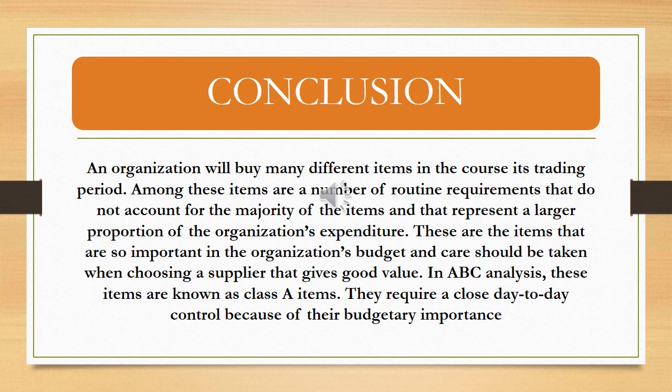In ABC analysis, these items are known as class A items, and they require a close day-to-day control because of their budgetary importance. So you can see, as an organization, we should concentrate on class A items, and that is when we are going to achieve success as an organization.